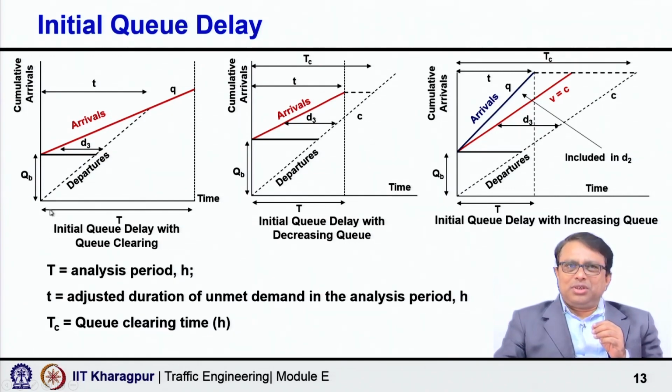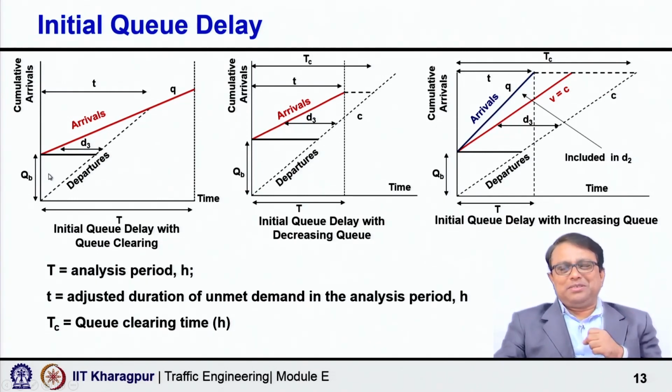So, you are starting your analysis period here, where capital T is the duration of the analysis period. Here it is 0 and here it is T, if I consider this time axis. At the beginning of the analysis period you have a value of Q b. This is the cumulative arrival, so Q b number of vehicles are already there.